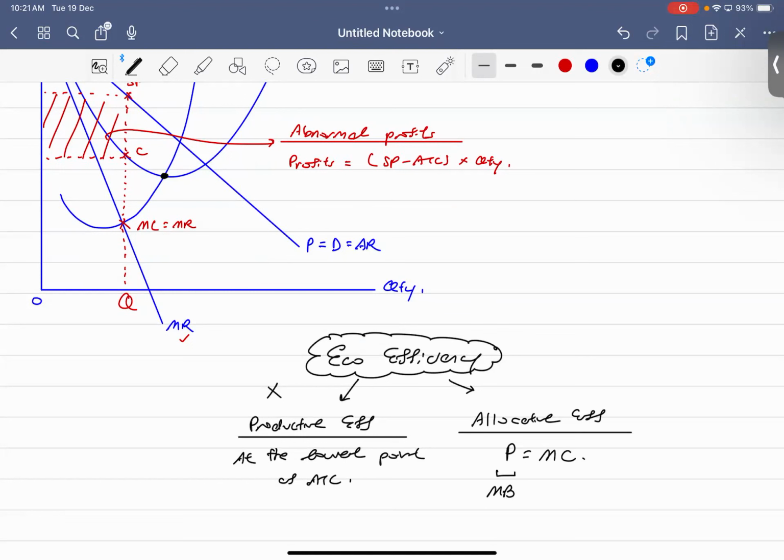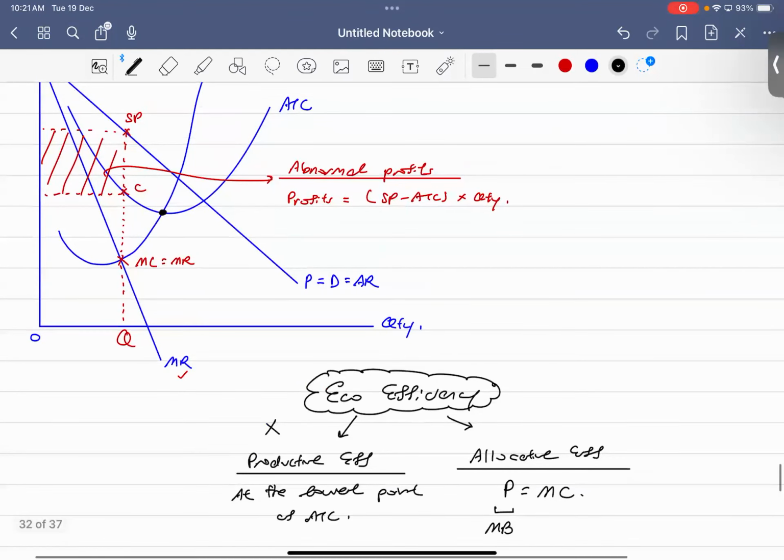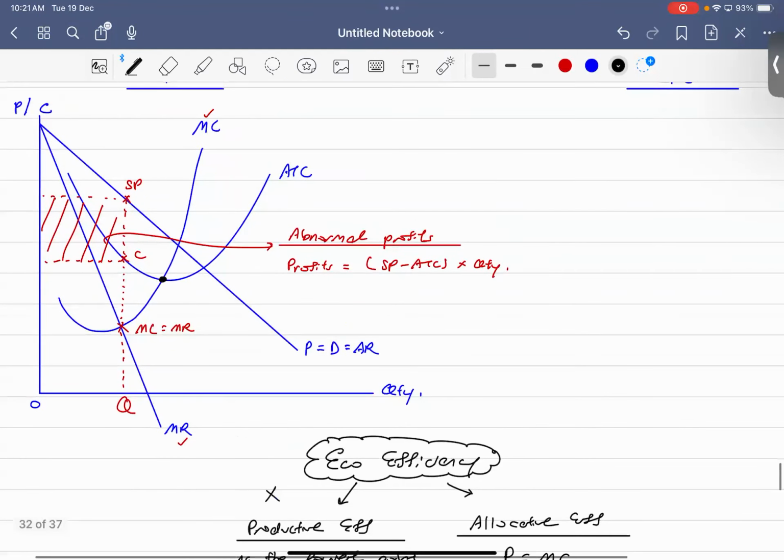Basically we produce goods and services up to the extent where it maximizes the desires of the consumers. Here again we look at the same thing: price equals MC. Let's see if they achieve that as well. The intersection is this point. Again, they do not operate there.